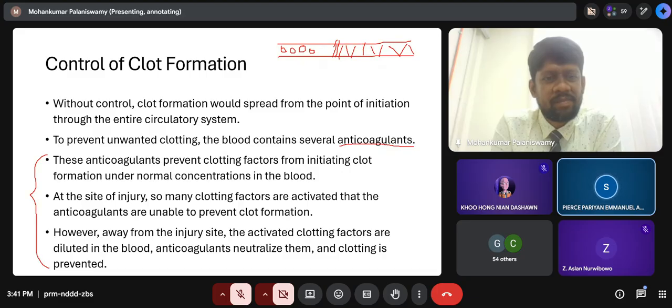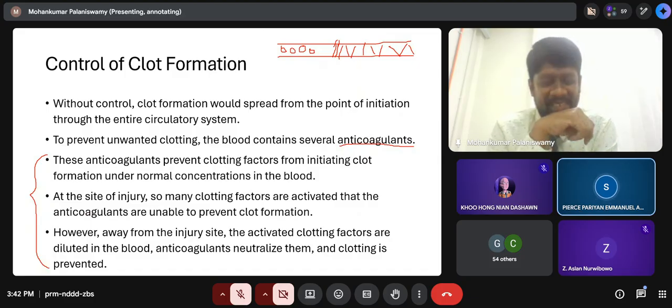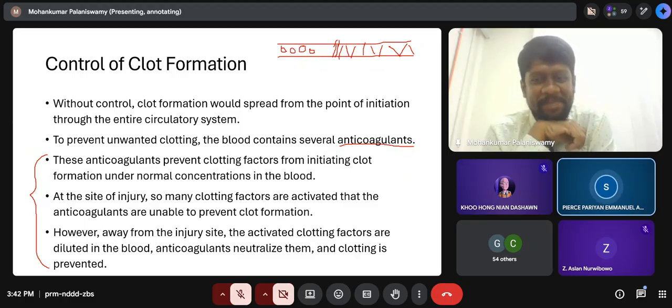The second point is at the site of injury, for example like a wound, so many clotting factors are activated that the anticoagulants are unable to prevent the clot formation. However, away from the injury site, the activated clotting factors are diluted in the blood, and the anticoagulant can neutralize them, and the clotting is prevented.